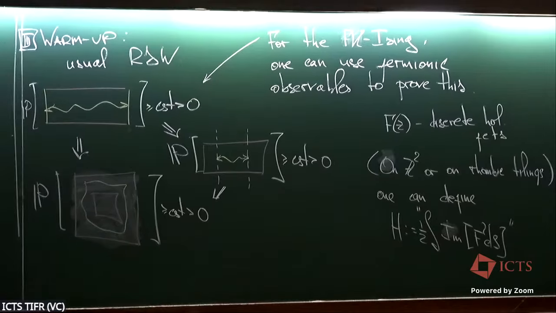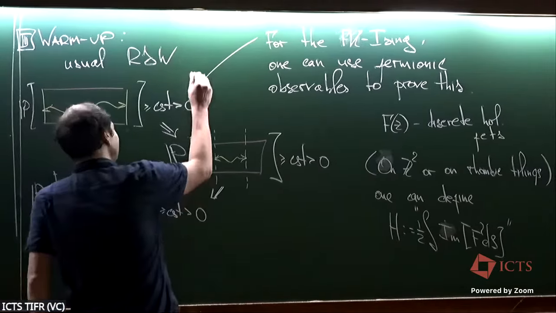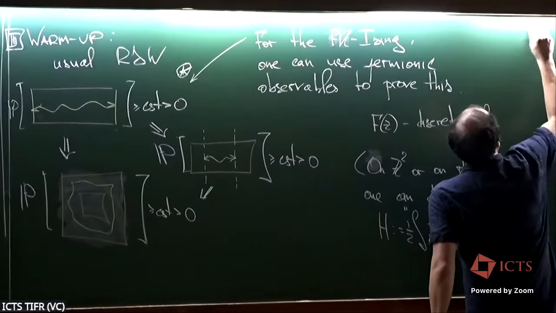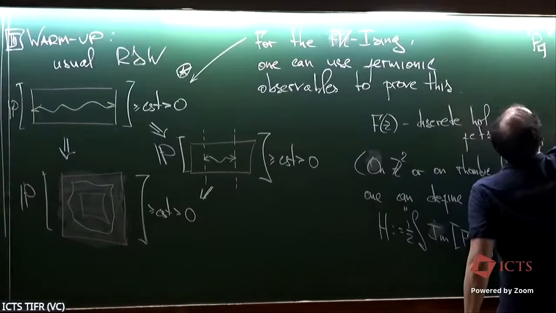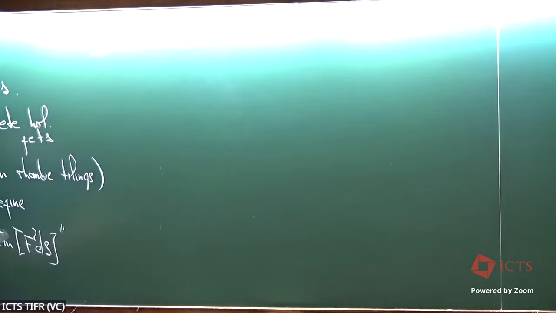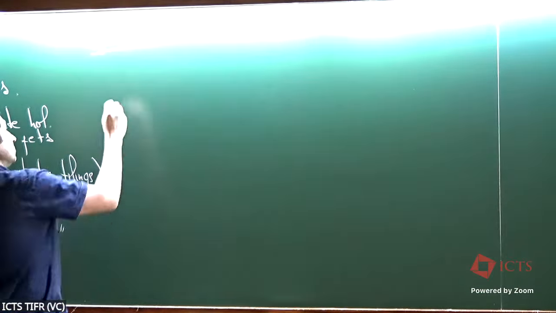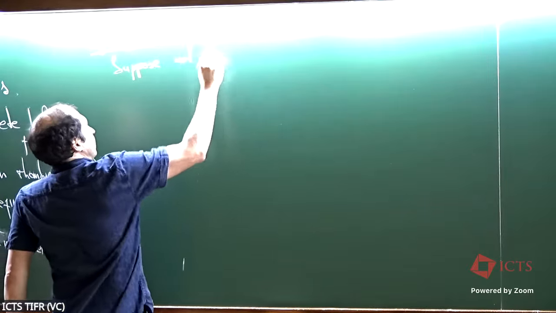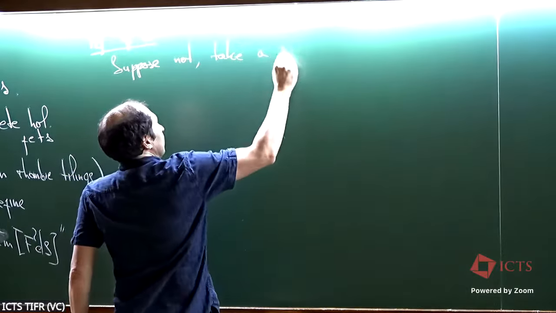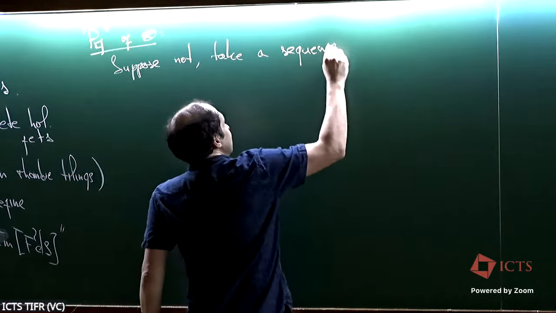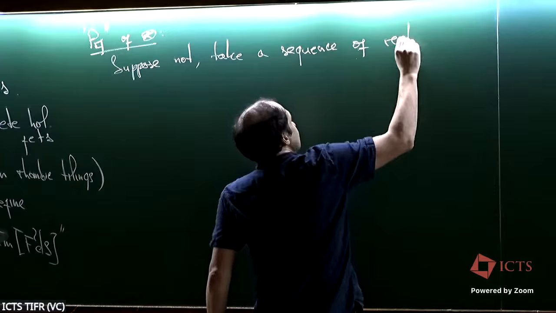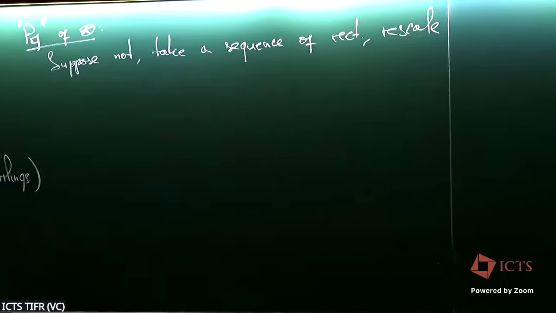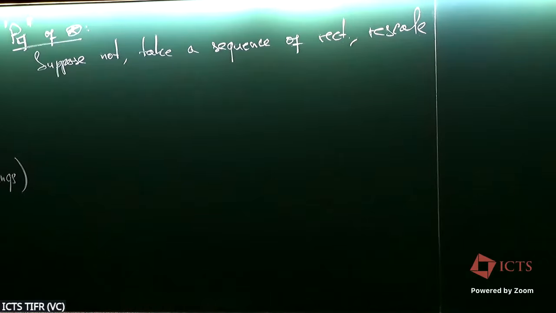So if you want to prove this statement, then you say, okay, assume it was not true, take a sequence of rectangles with a scale, and then start thinking about the limits of these holomorphic observables.